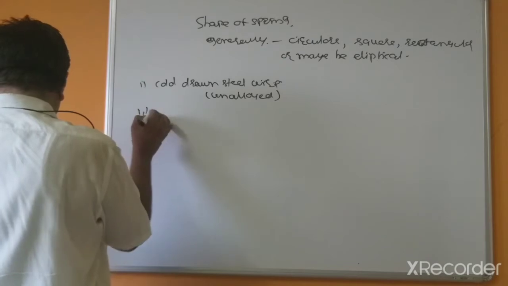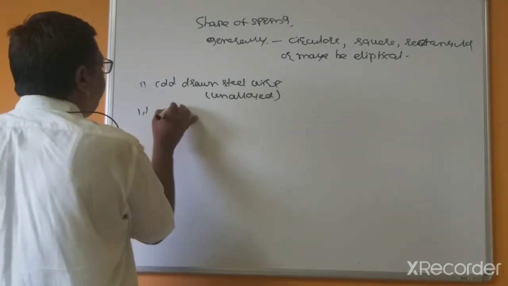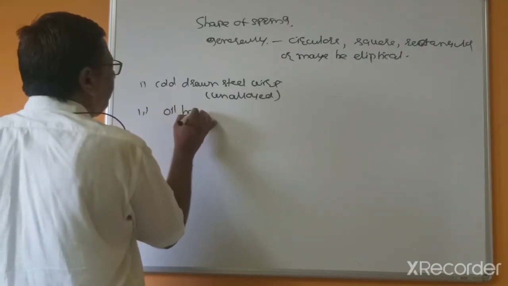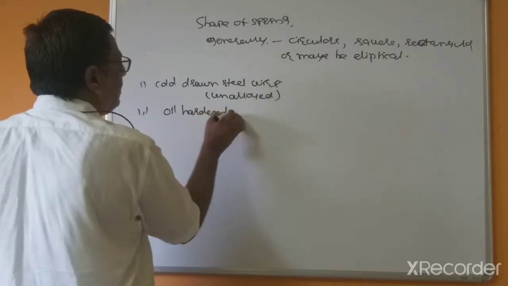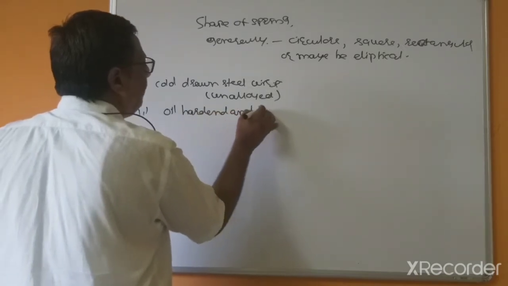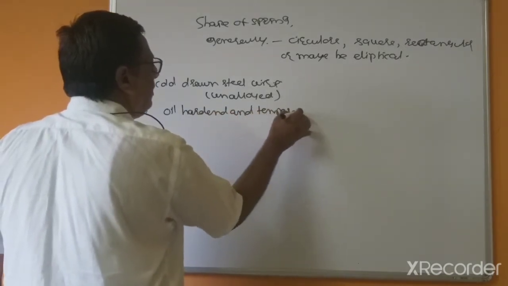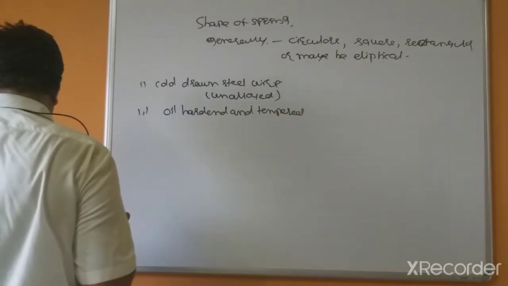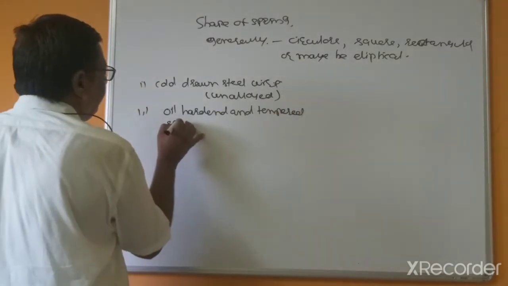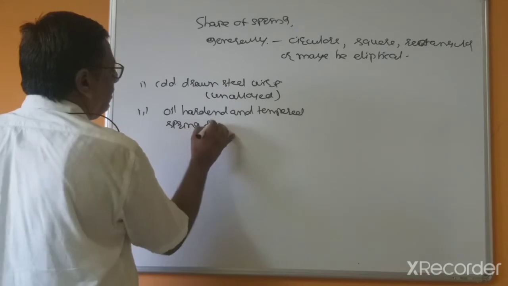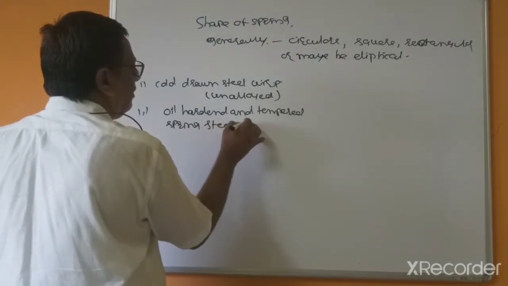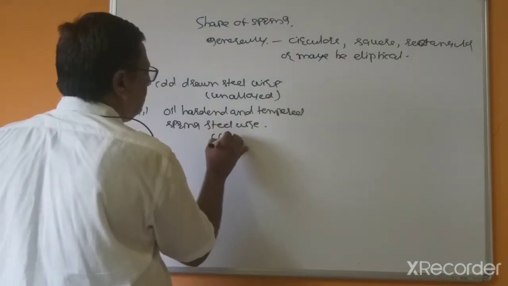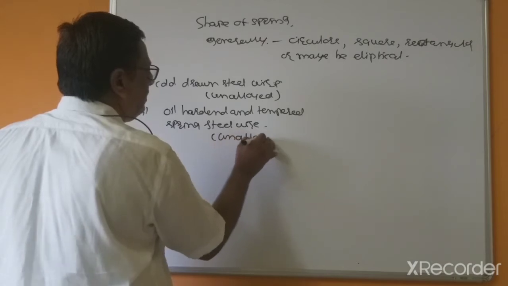Second material is oil hardened and tempered spring steel wire, and this is also unalloyed.